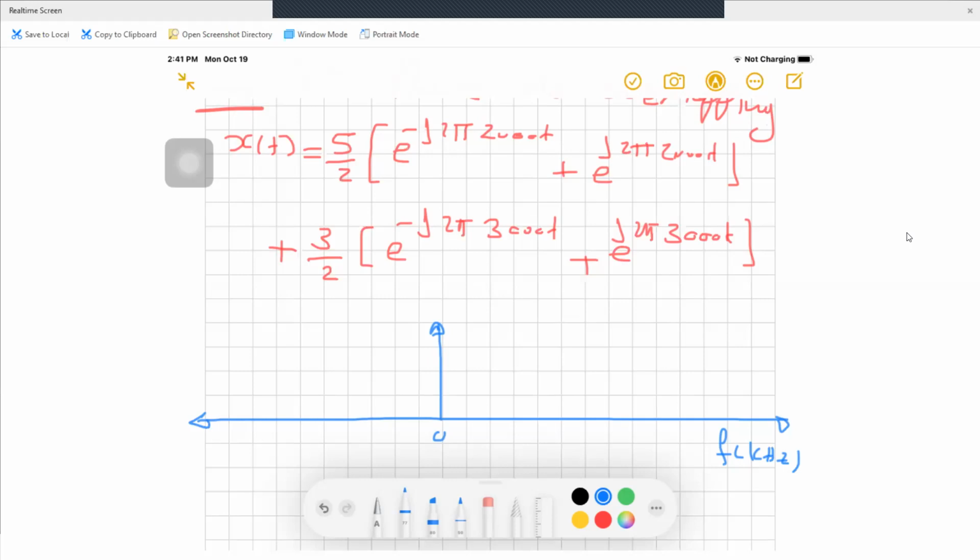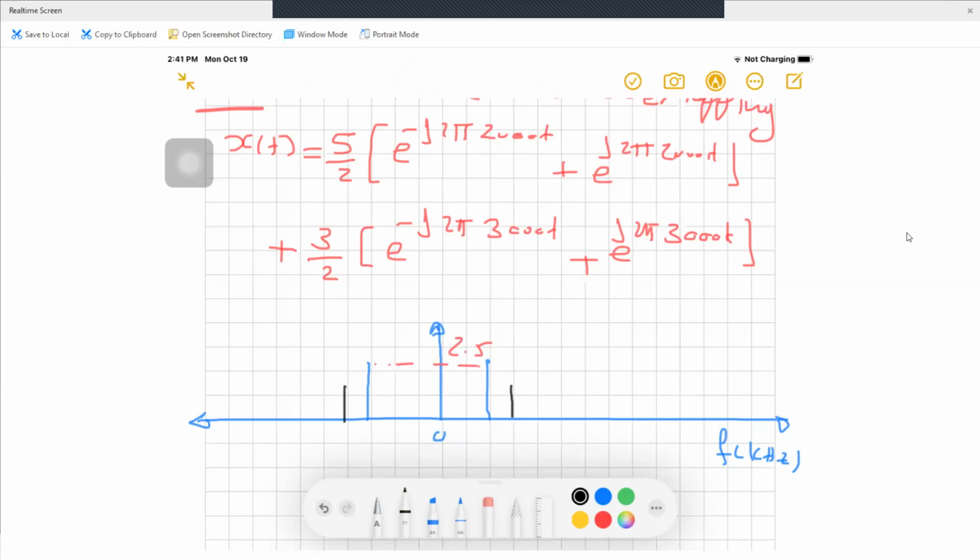The component at 2 kilo will be 2.5 in magnitude, and this will be minus 2 kilo. We have another component at 3 kilo, which is 1.5.